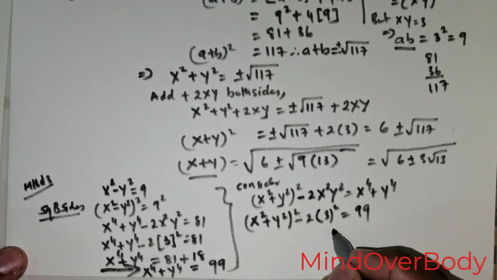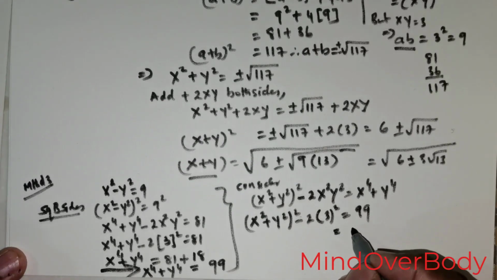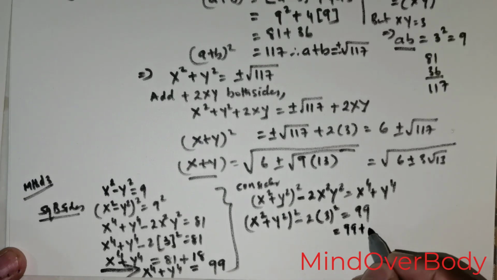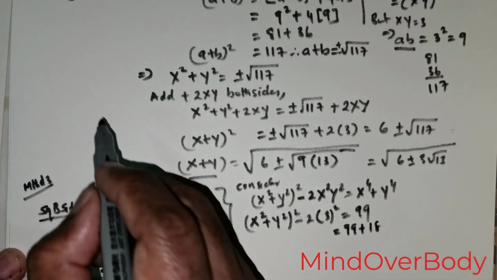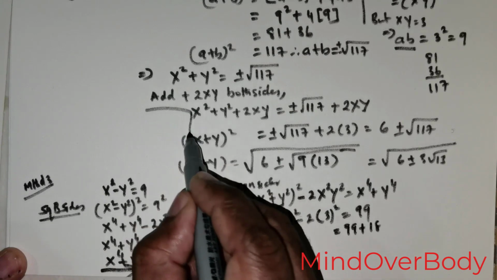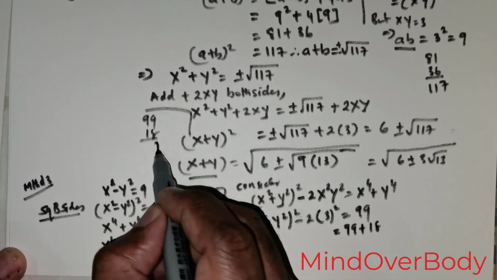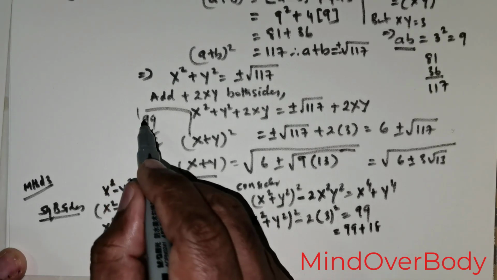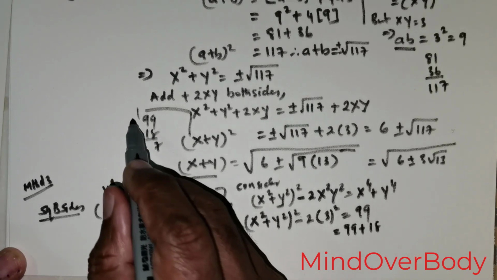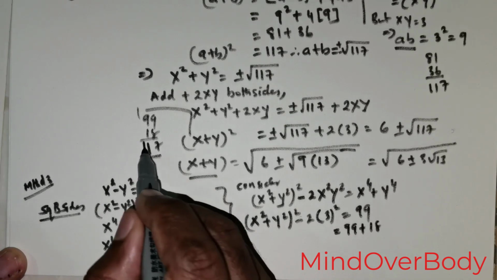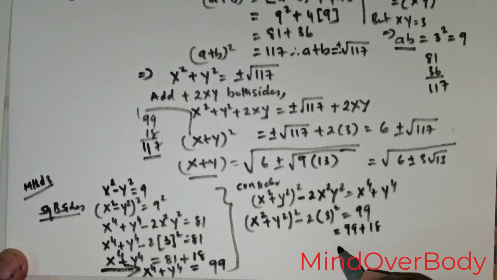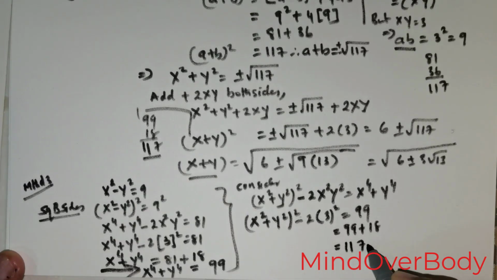So I'm moving the 18 to the other side, and that would be 99 positive 18. Now 99 added with 18: 8 and 9 is 17, 1 added with 9 will give me 10, 10 added with 1 will give me 11. So I get 117.